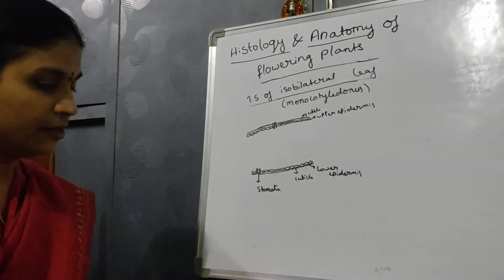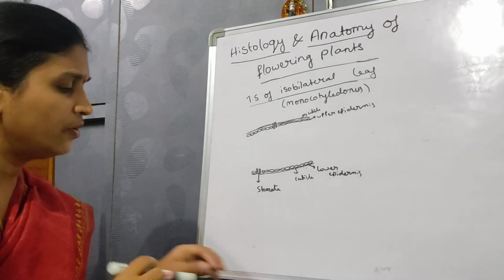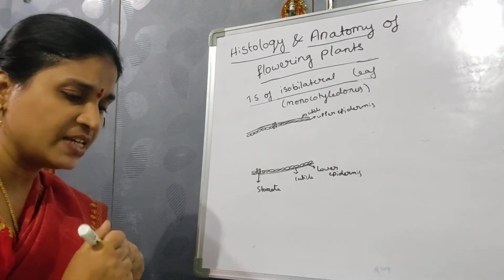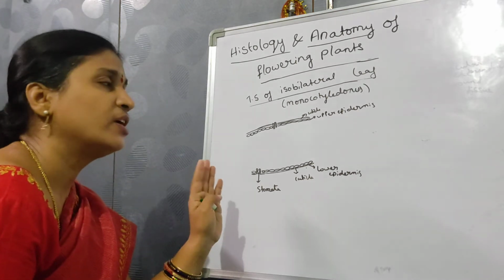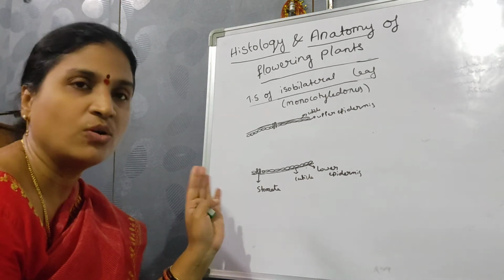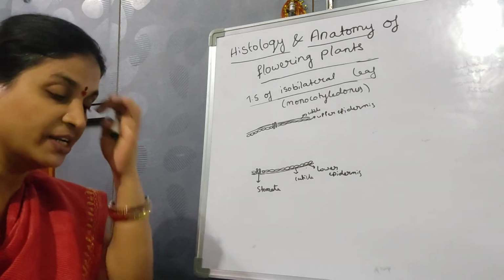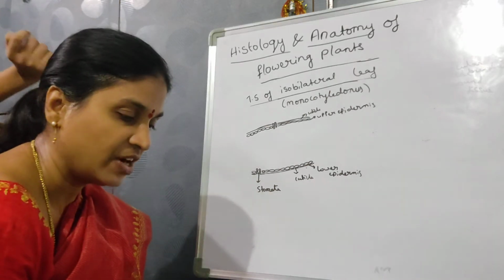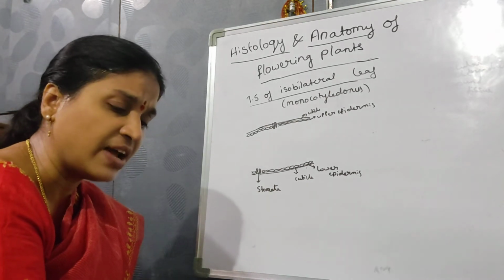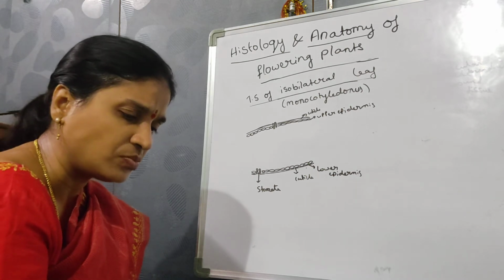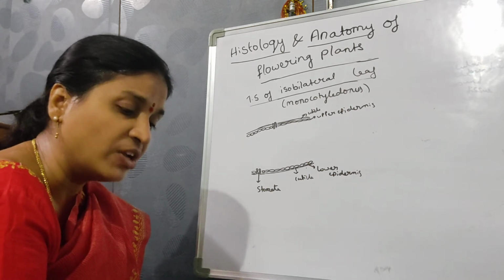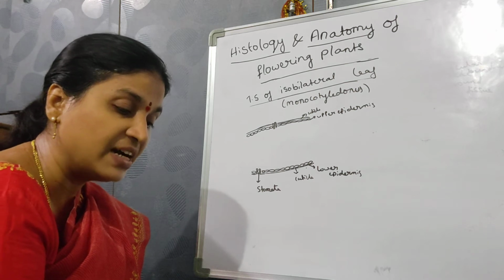Okay. Monocotyledons means grasses, wheat, rice, all are monocots. They are going to have isobilateral leaf. Then in grasses, the veins modify themselves into large empty colorless cells.